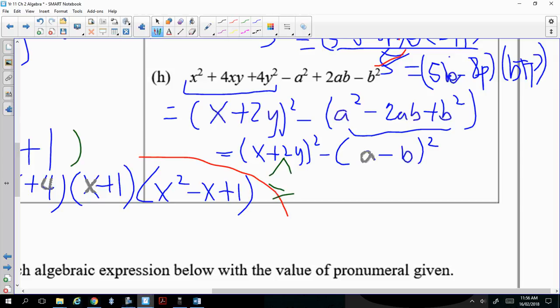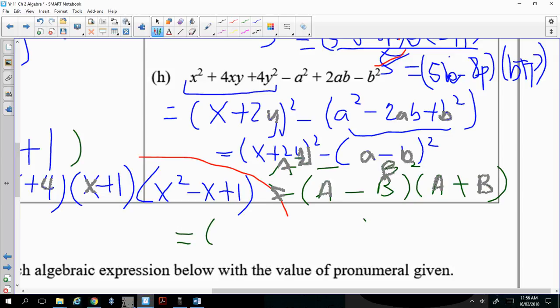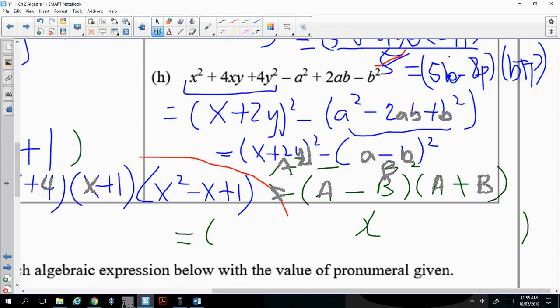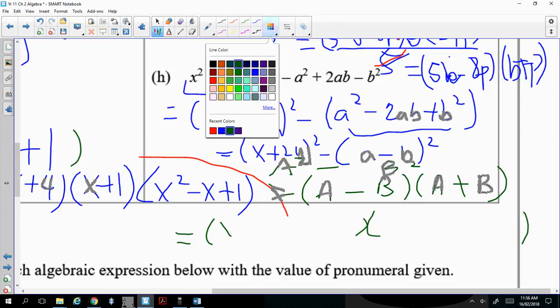So let's prepare ourselves for battle. So we put this inside here. So the A, remember, A is the x plus 2y. Right? That's the A. Minus. The B is the a minus b.